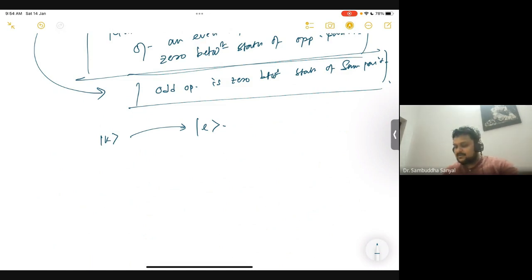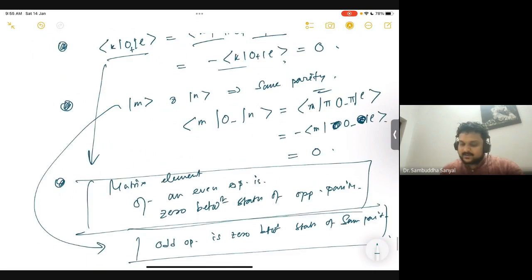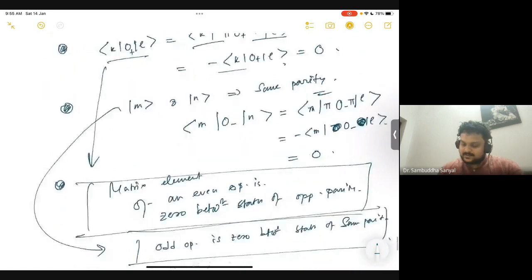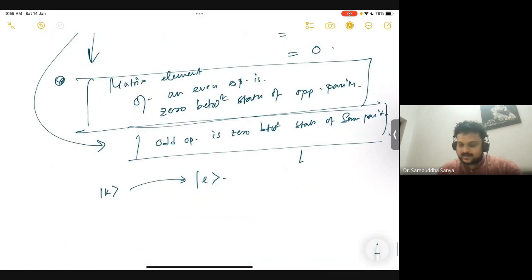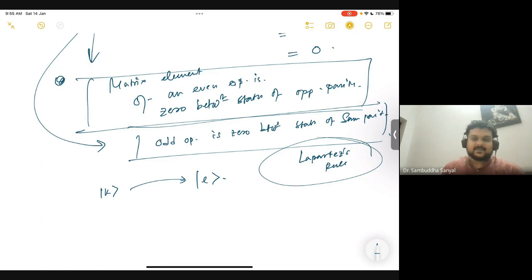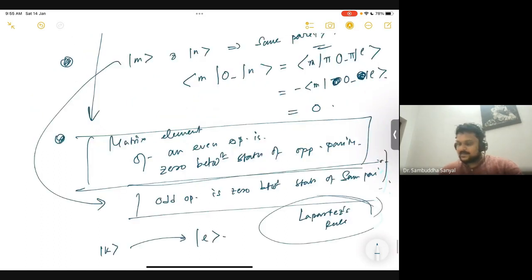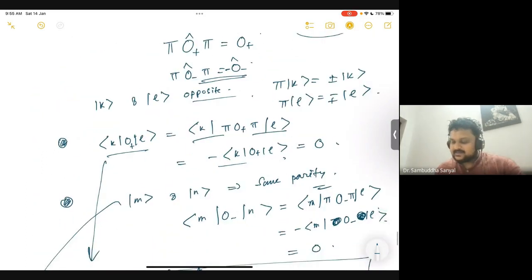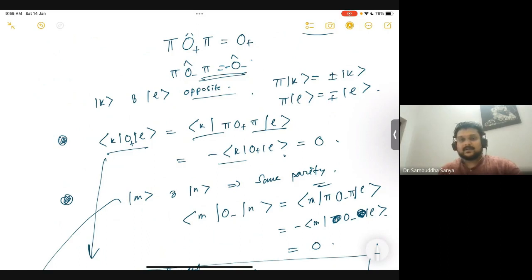That shows certain transitions are impossible. So this constructs a set of selection rules, and this particular rule that I have written down here is called Laporte's rule, discovered by somebody without knowing about parity, from experimental observation, by doing some phenomenology.